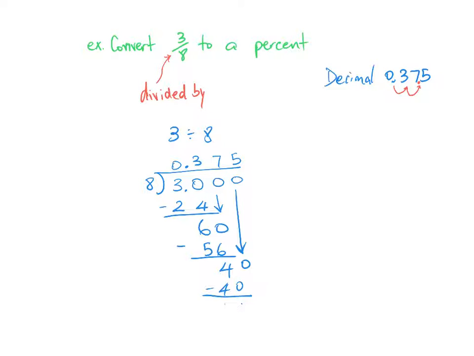So now we have that 3/8 is actually 37.5%. And that's how you convert a fraction to a percent.